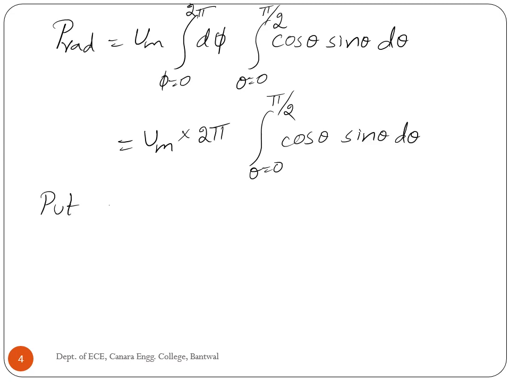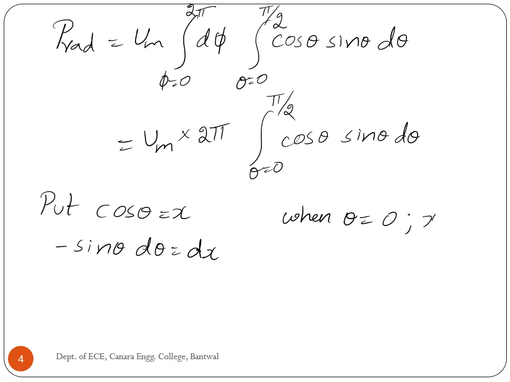Put cos theta equal to x, therefore minus sin theta d theta equals dx. When theta equals 0, x equals 1, and when theta equals pi by 2, x equals 0.